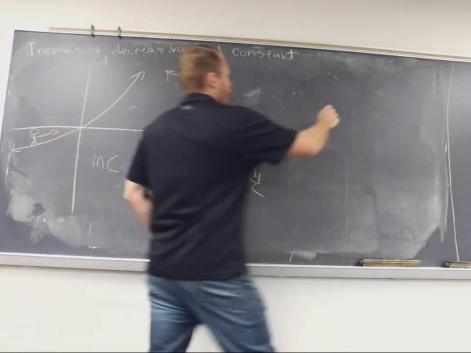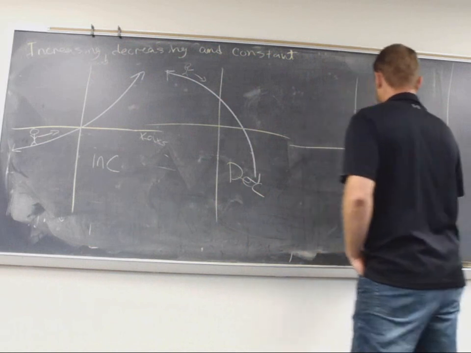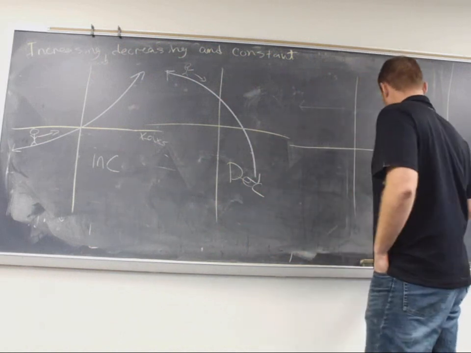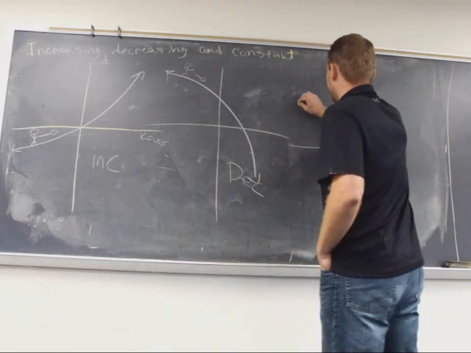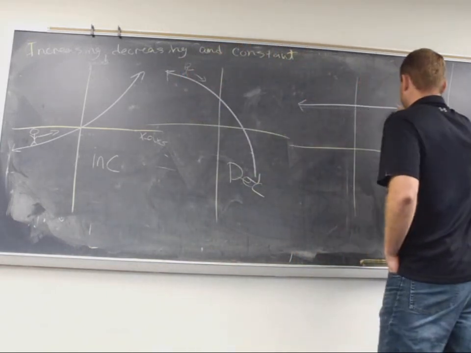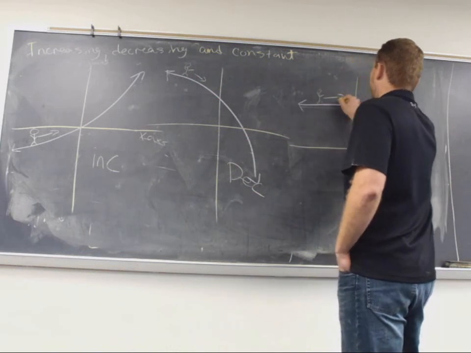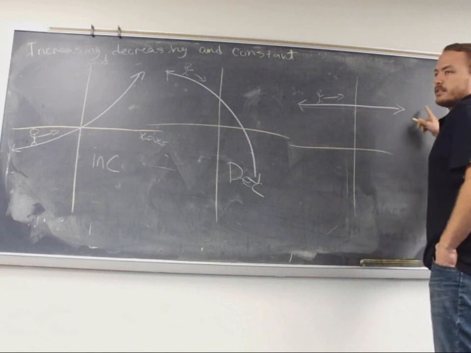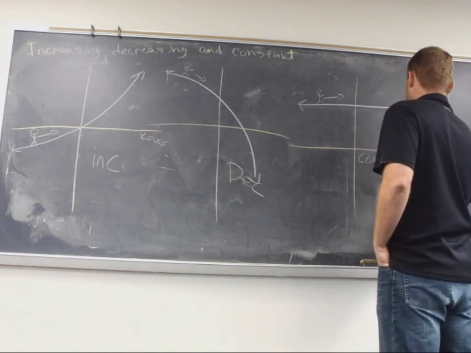And then if you have this last graph, that chalk's not working very well. Here you have your man, he's walking left to right still. He's walking at a constant speed, constant pace. So this is constant.